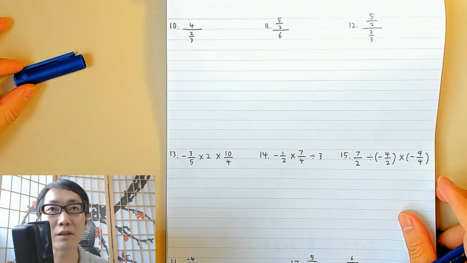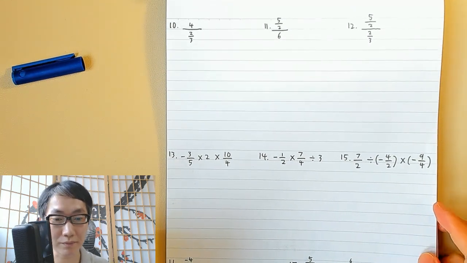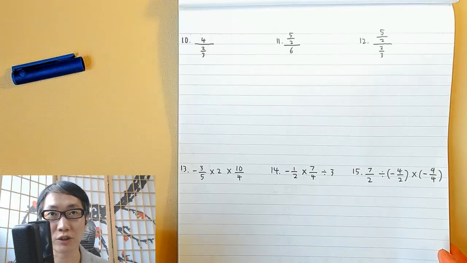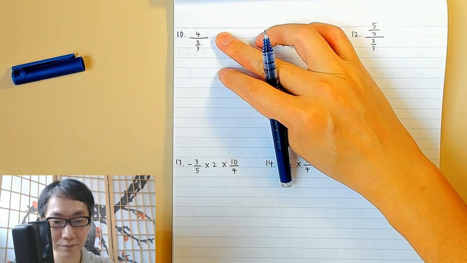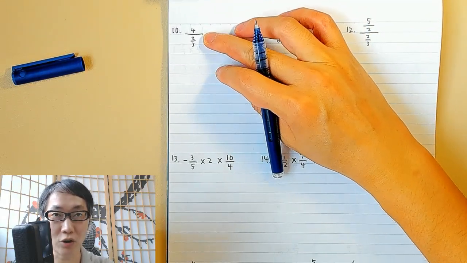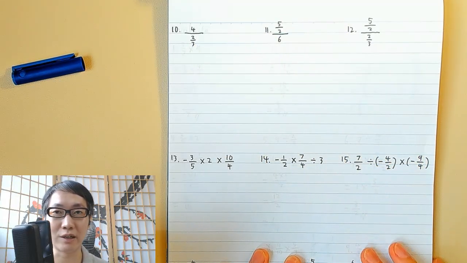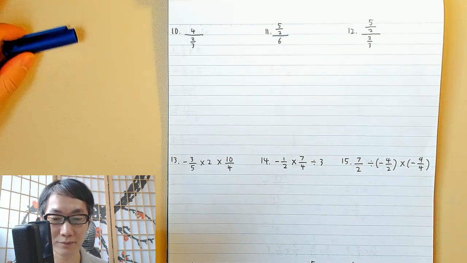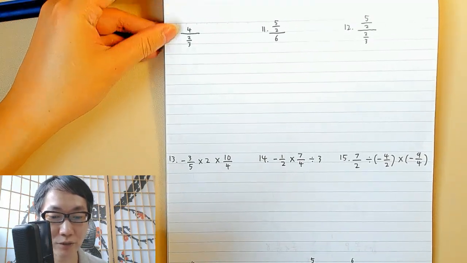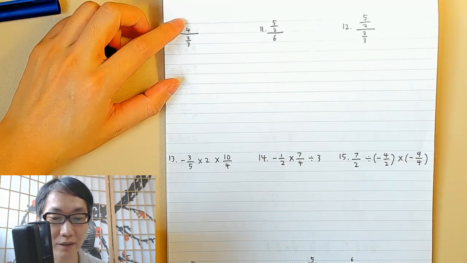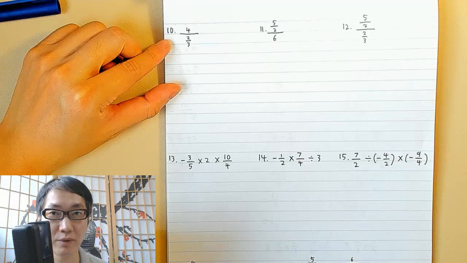So number 10. We have a big fraction. So this is a longer fraction line. This is a shorter fraction line. So we deal with the longer fraction line first. Okay. So in the primary fraction, 4 is the numerator and 2 over 3 is the denominator.